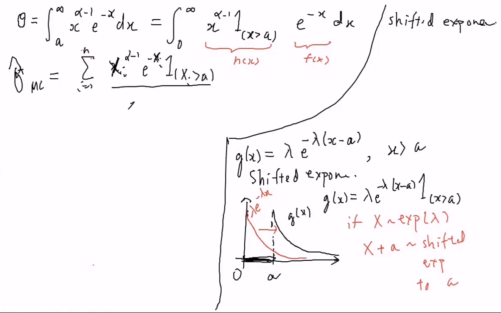And g(x) is lambda e to the minus lambda (x_i minus a), times the indicator function.